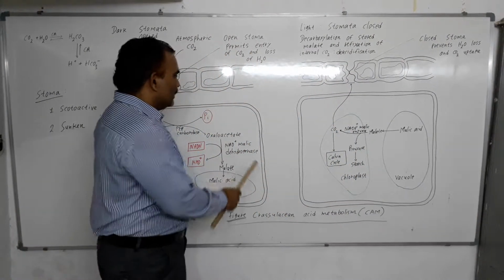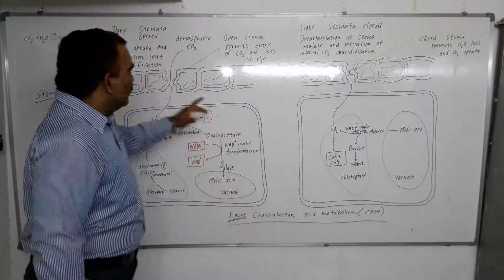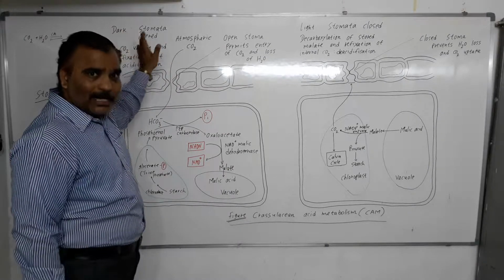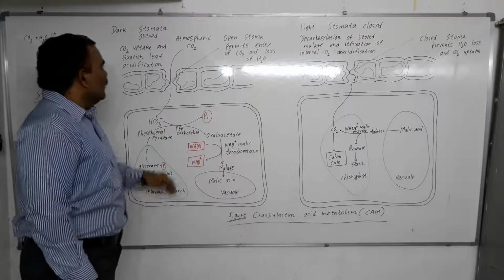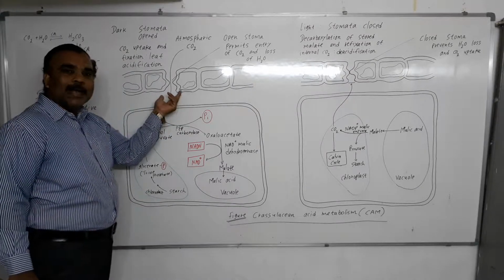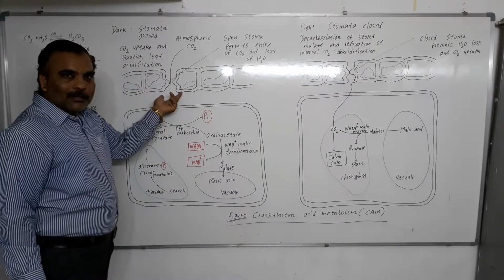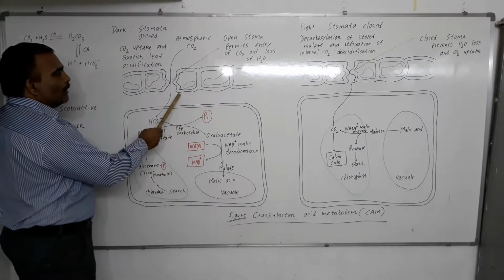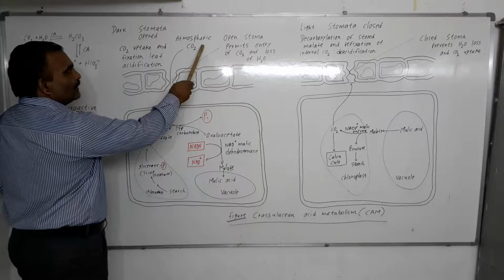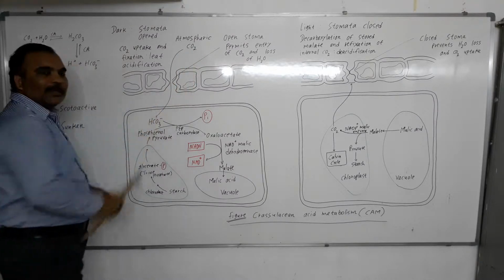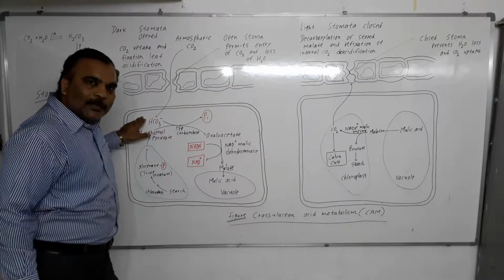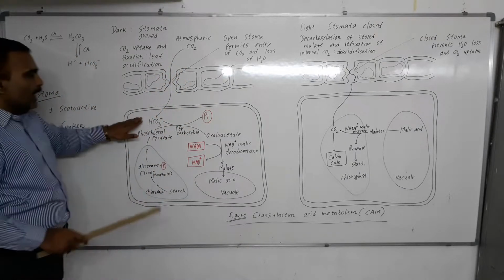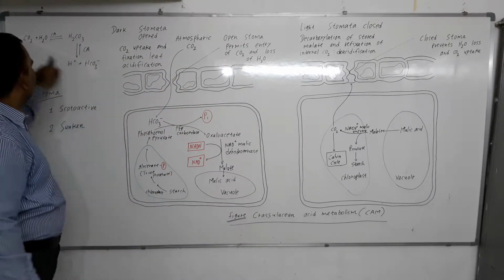Now again, this is the mesophyll cell. This is dark. Dark means we are talking about the night period, and during night stomata are open. As the stomata are open, atmospheric CO2 is entering into the mesophyll cell. Now this CO2 in the cytoplasm combines with water.